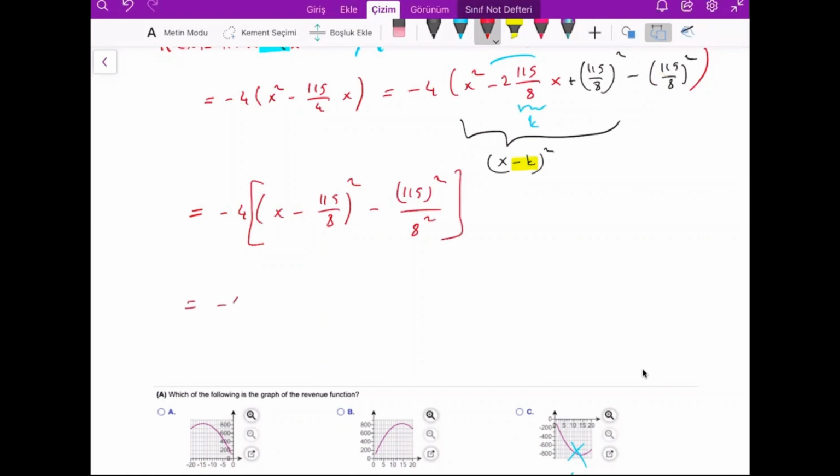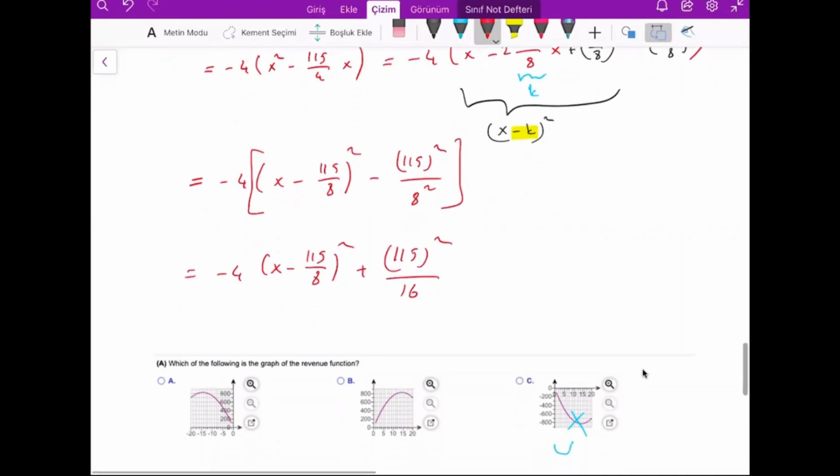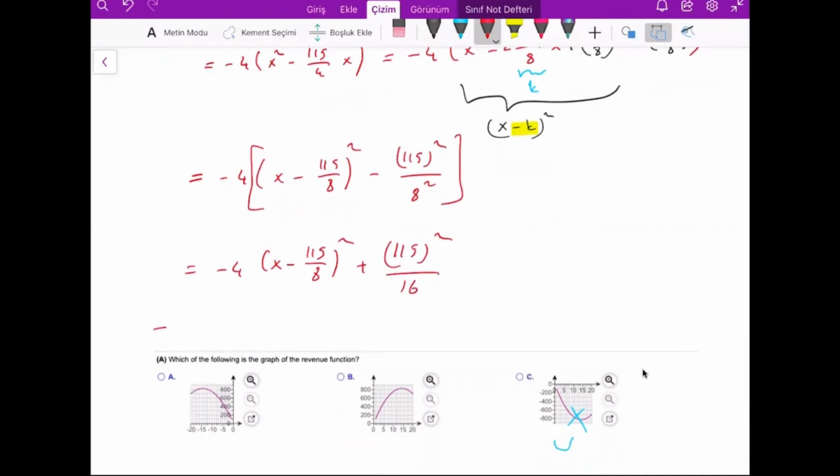So this equals minus 4 x minus that value, minus minus it will be plus. After canceling the 4 and the 1 of the 8 we have 2. From this equation, this is K, minus K.